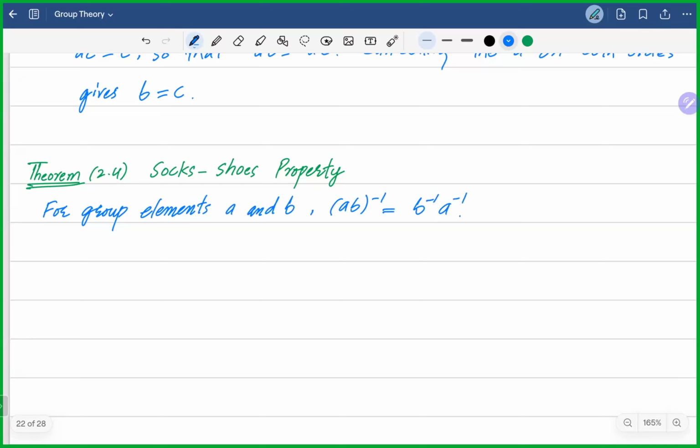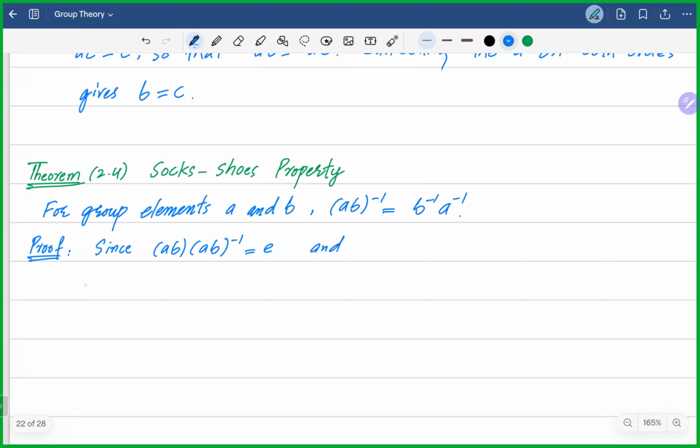Okay, perfect. And we can prove that by saying that AB times (AB) inverse is E by definition, right?